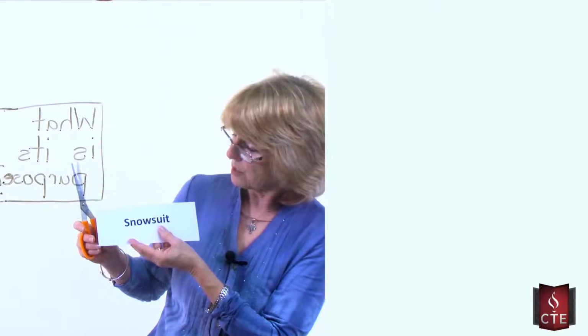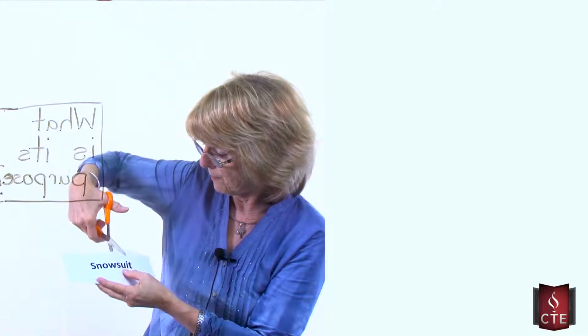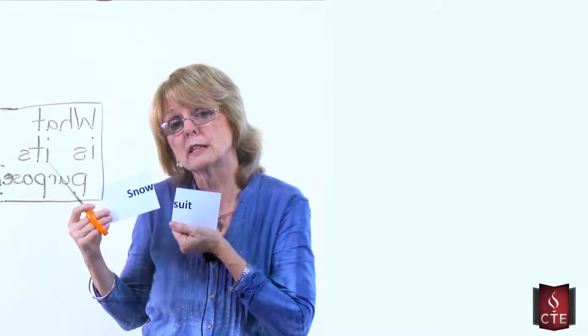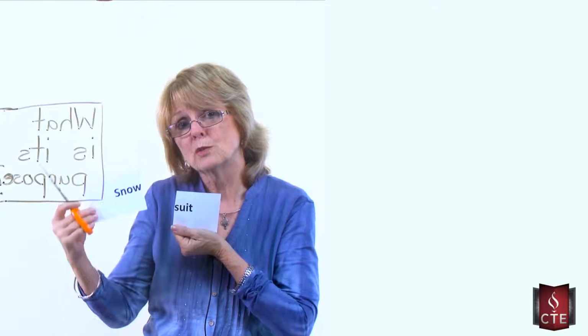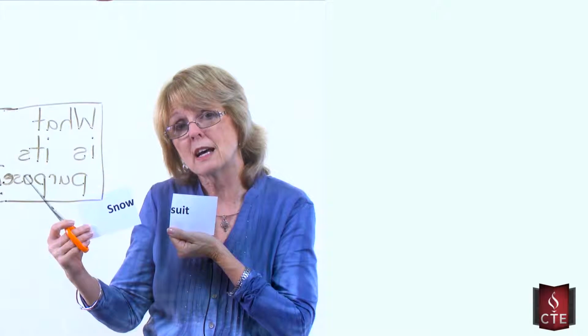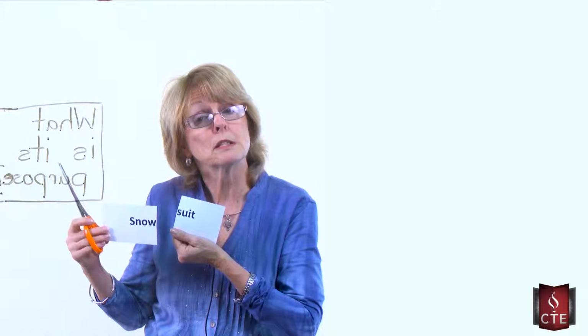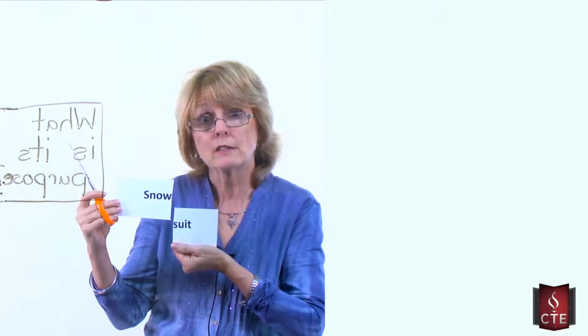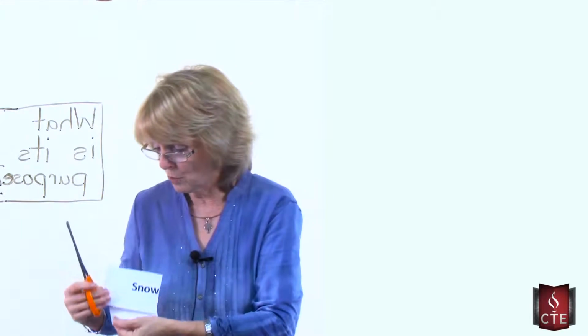Here's another one with snow, snowsuit, which would be some kind of suit which would be made to go outside and to play in the snow that would keep you warm.